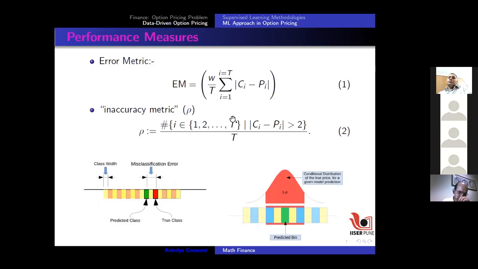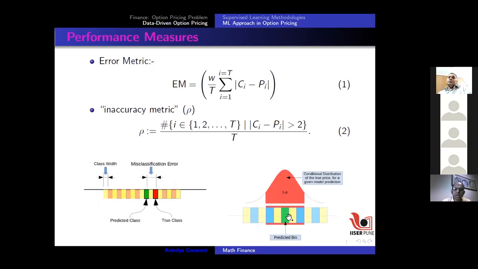W is the width of the interval, and rho is another metric, basically motivated from accuracy, so it is an inaccuracy metric. When the difference is more than 2, we count how often it is more than 2. If you think of these small narrow strips as bins, then 5 consecutive bins together give a band.